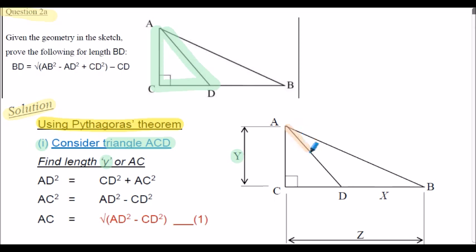Length AD squared is equal to length CD squared added to length AC squared. And I'll essentially rearrange the equation first of all for AC squared and then for AC by square rooting both sides of the equation. So I have equation 1 formed here.